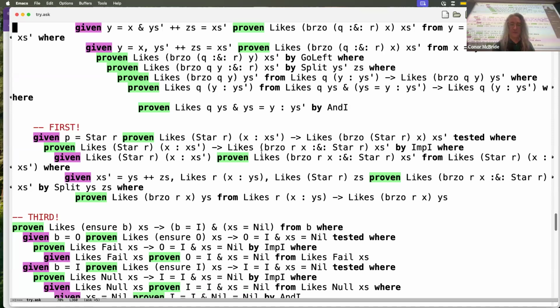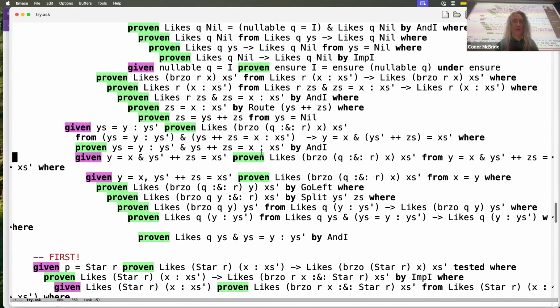So that's the kind of explanation, roughly speaking, there.